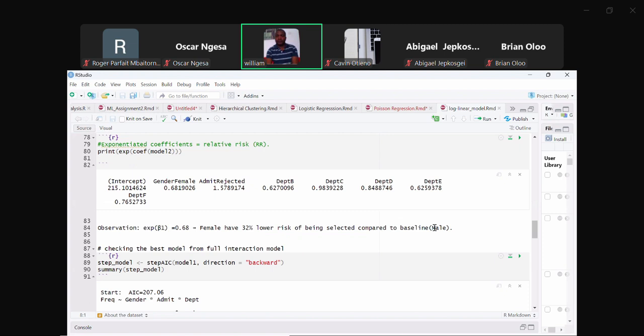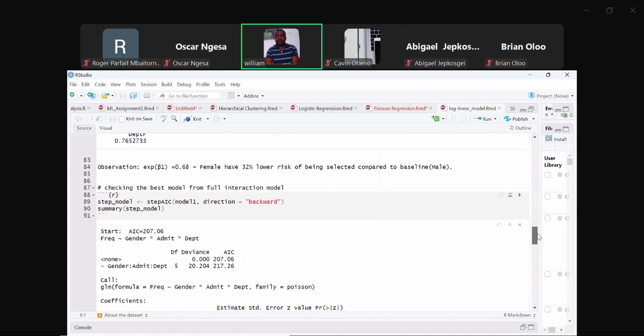So we are looking at the baseline because this is a categorical variable. But if it was just this one, then we are just looking at it. Risk will be less and so on and so forth. So this one, there is an increase by 57%.